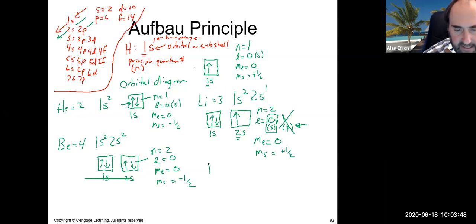So why don't you take a second, write the electron configuration for boron and the orbital diagram for boron, and then also do the 4 quantum numbers for the last electron that you put into boron and see what you come up with. So take a moment or two and do those 3 things: electron configuration, orbital diagram, and the 4 quantum numbers for the very last electron in boron, which would be the 5th electron.